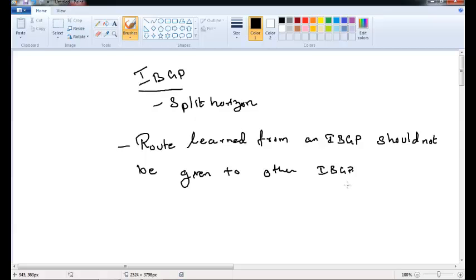Very simple. Route learned from one IBGP should not be given to another IBGP.